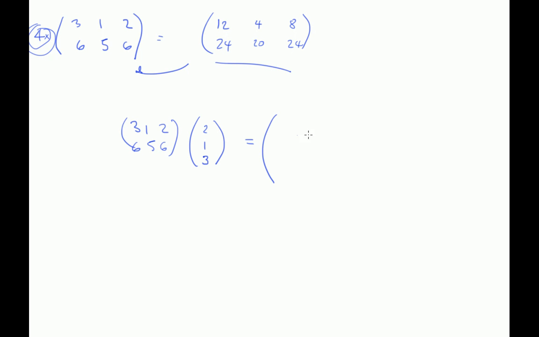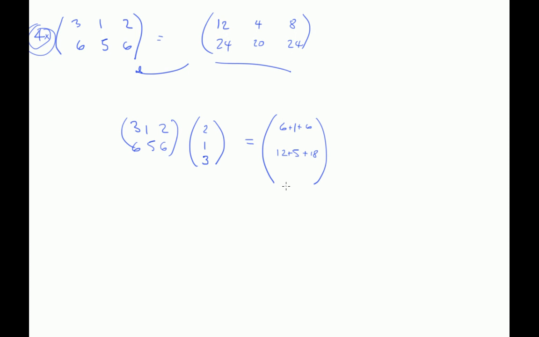3 times 2 is 6, plus 1 times 1 is 1, plus 2 times 3 is 6. So that is our first number, and then the second number in our matrix is 6 times 2 is 12, plus 5 times 1 is 5, plus 6 times 3 is 18.